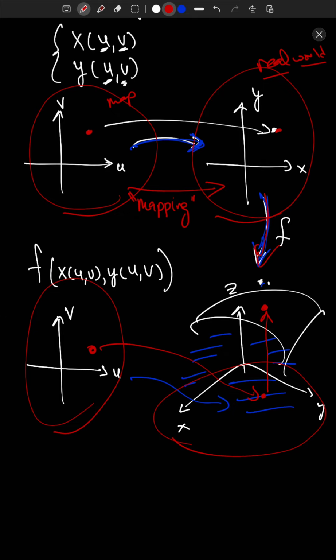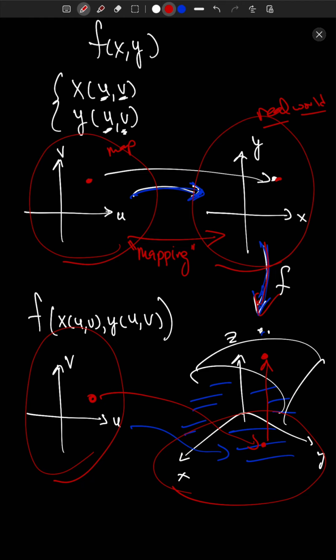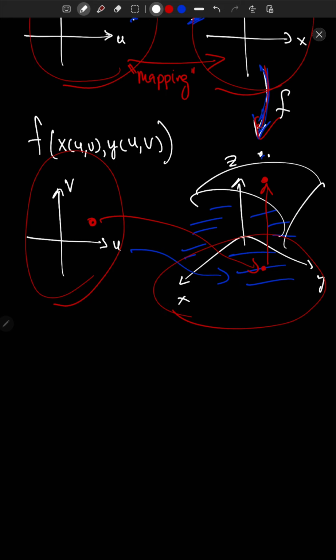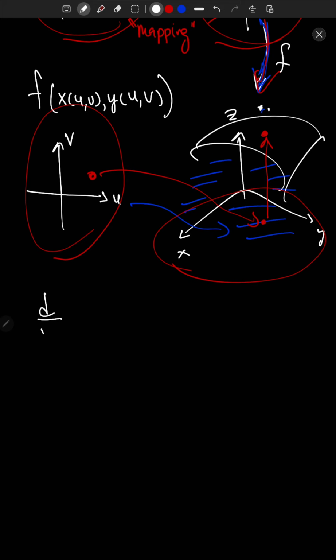In any case, this is a composition. So it's again naturally a chain rule type problem, because chain rule is all about compositions. So we want to know the derivative d/du, for example, of f of x of uv, y of uv. The question is, what is this?